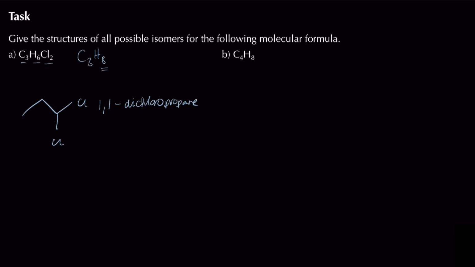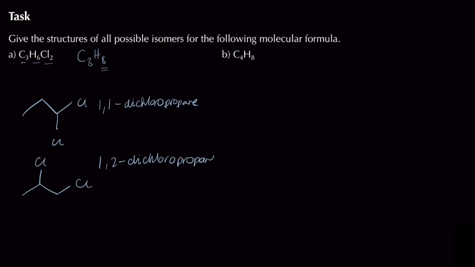If I come up with another structure, I can put one of the chlorines in the 2 position. So I end up with 1, 2, 3 carbon atoms, chlorine here and chlorine there as well. We could call that one 1,2-dichloropropane.